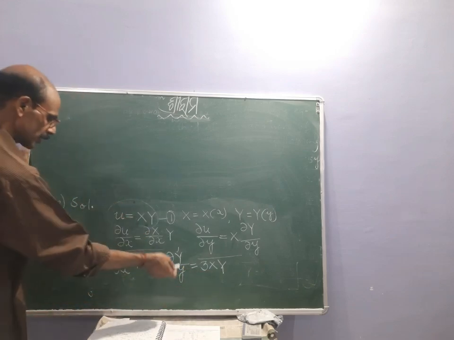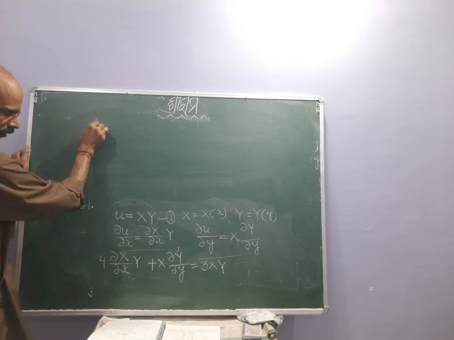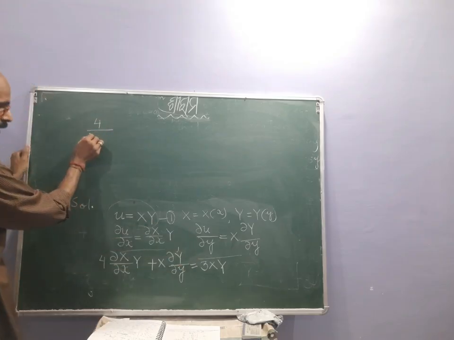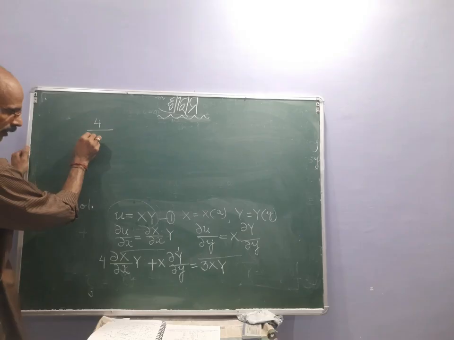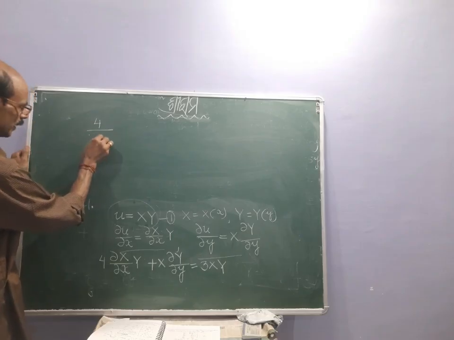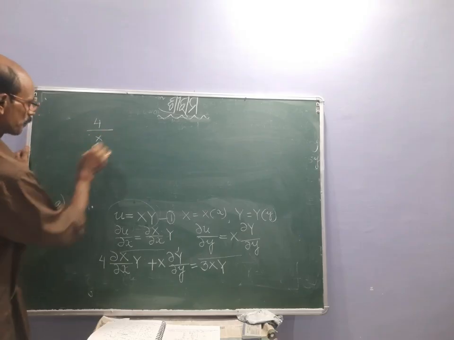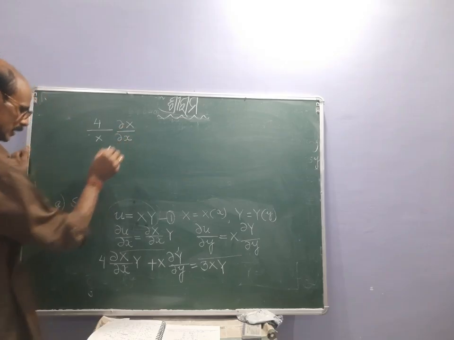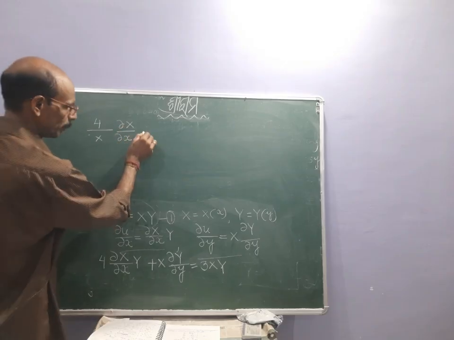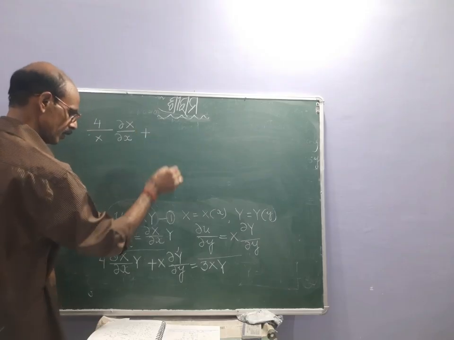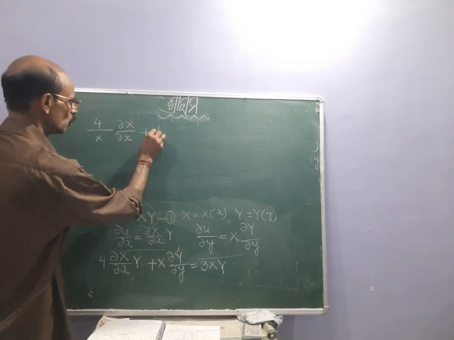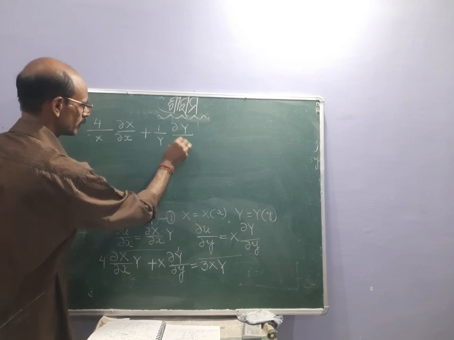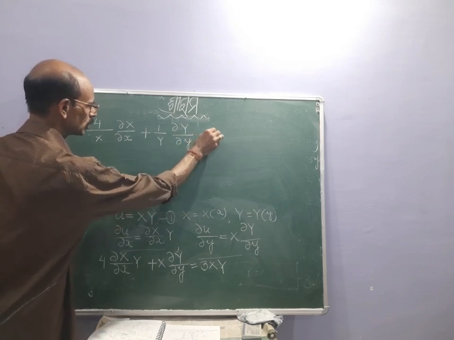Dividing throughout by XY, we will obtain 4 by X, since Y will cancel, del X by del x, plus, here X will cancel, so 1 by Y del Y by del y is equal to 3.